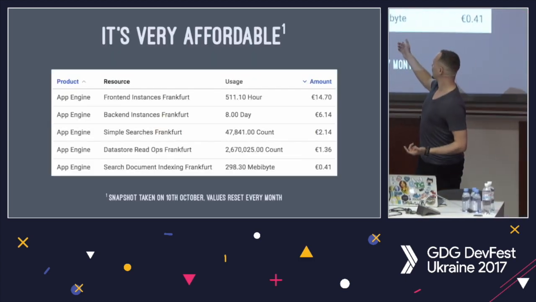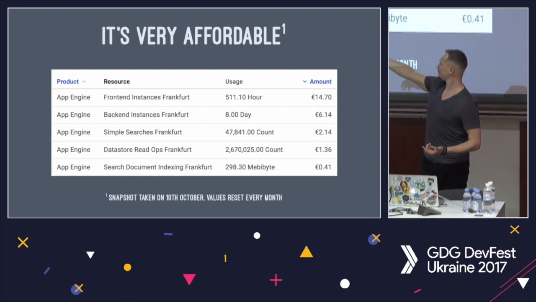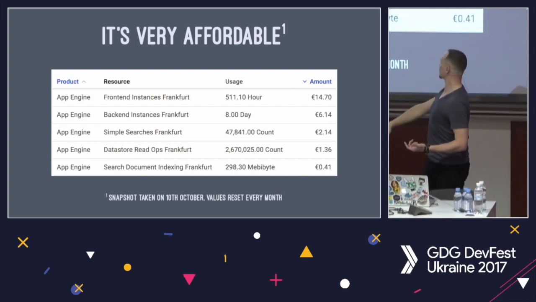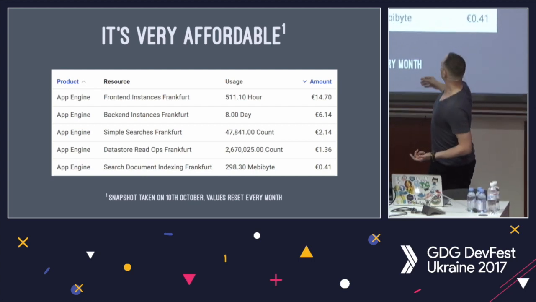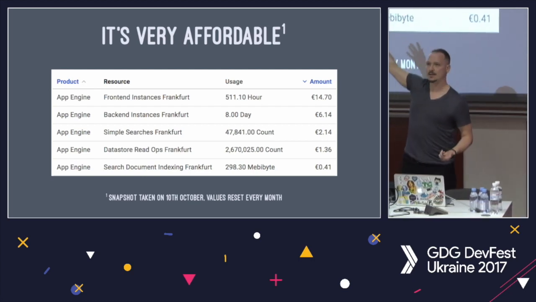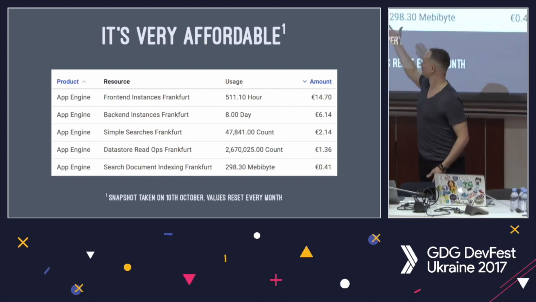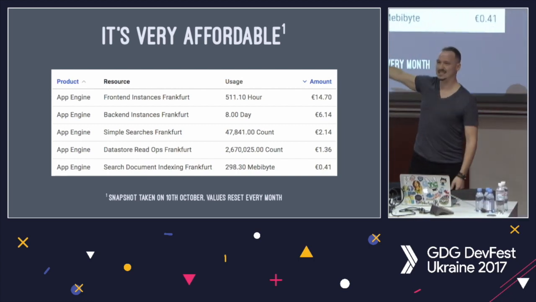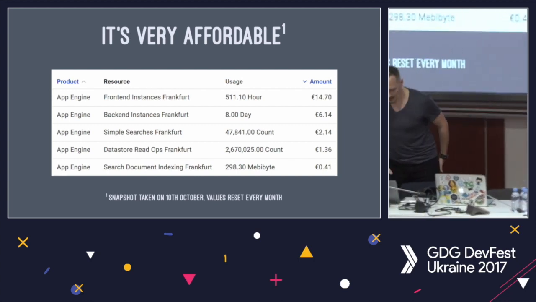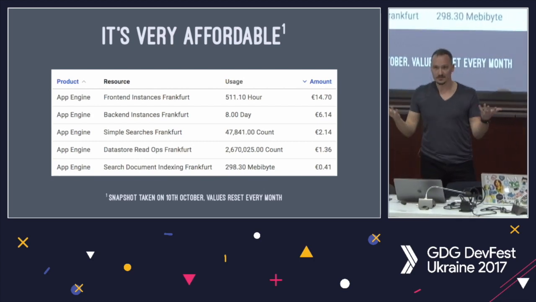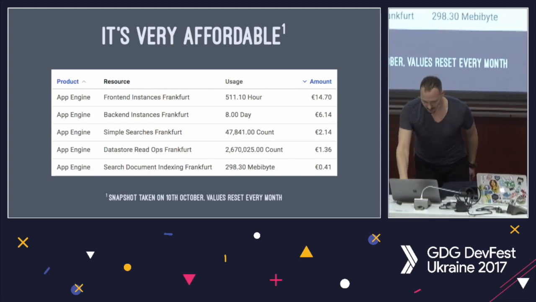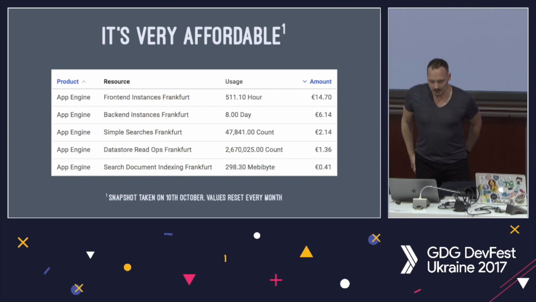You can see this is an example site here. There's 2.6 million read operations on this, and it's €1.36. The instance running time is what costs the most, and this is after 10 days, and it's 14 euros. It's kind of cool, and that's actually doing stuff.